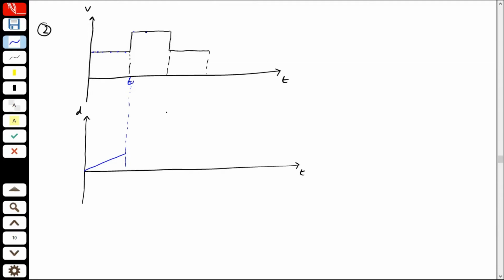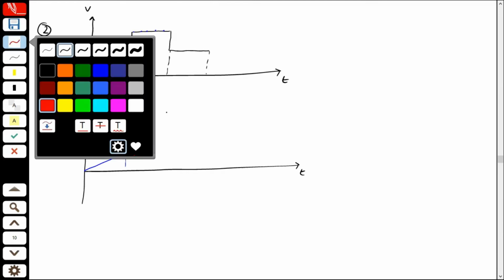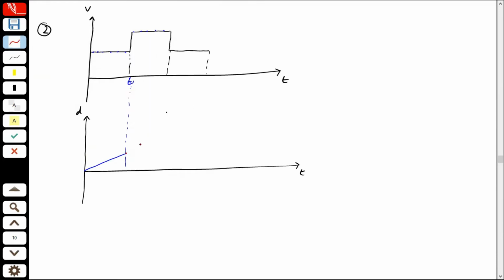Now the velocity is constant but at a greater value than before, so the gradient of this part should be greater and it should be constant up to this point t2.